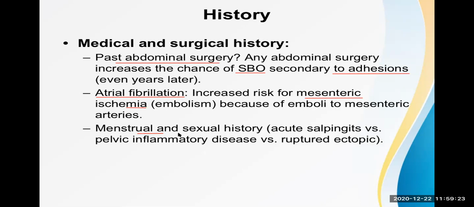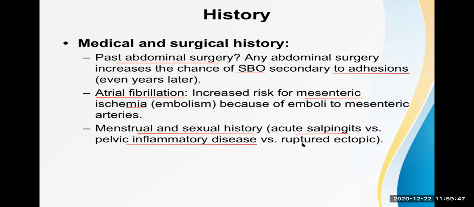And menstrual and sexual history are always asked. Ask about the sexual partner, ask about sexual intercourse, especially the unprotected type, because acute salpingitis and pelvic inflammatory disease are a type of sexually transmitted disorder. Not always, but one of the modalities is sexual transmission.